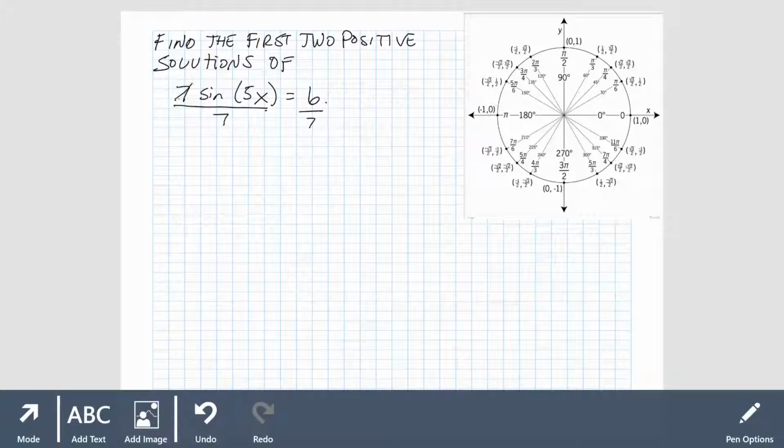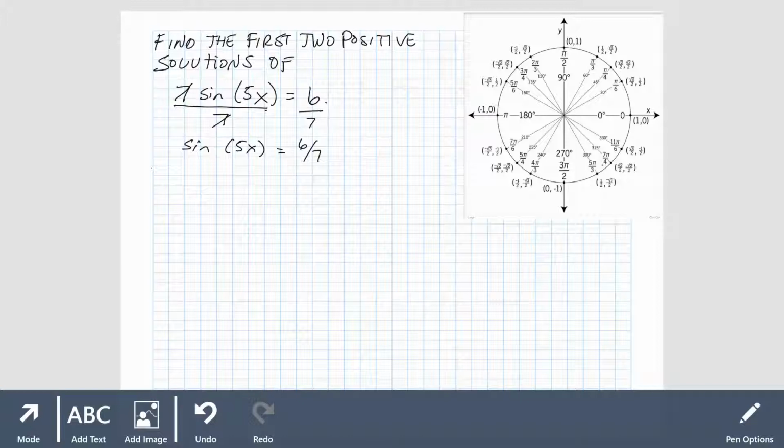So I'm going to start this problem by dividing both sides by 7, which is going to leave me with the sine of 5x is equal to 6/7. Now, 6/7 is not one of my standard values on my unit circle. So at this point I'm ready to get rid of the sine function so that I can work my way to getting the x alone.